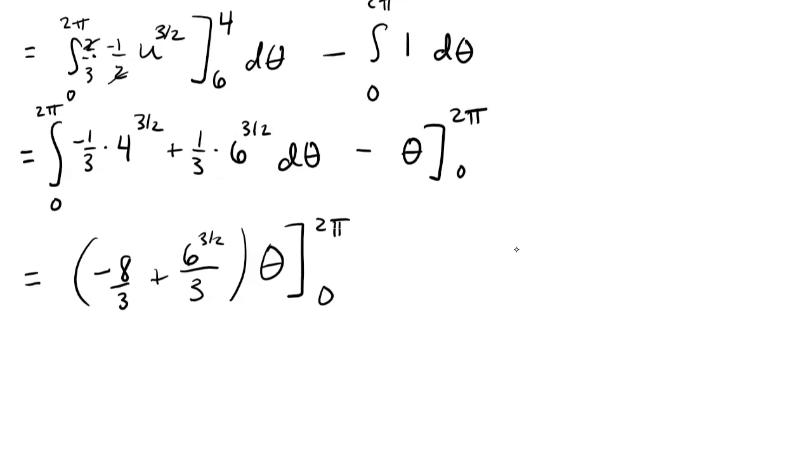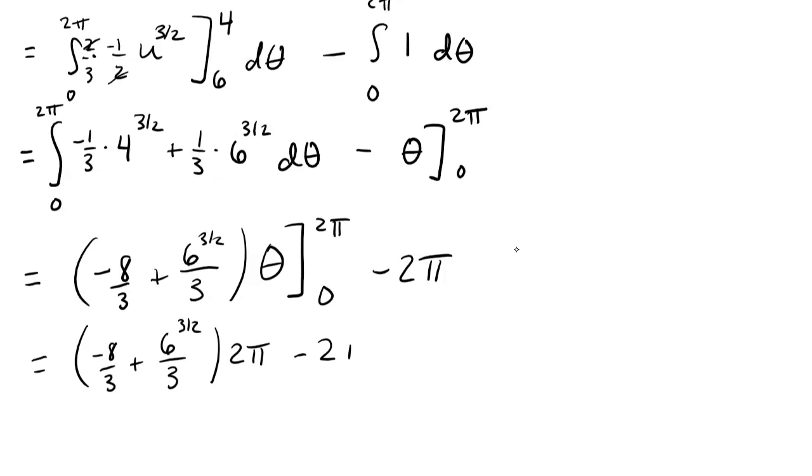Looking at our second part over here where we're evaluating, we've got minus plugging in 2 pi to theta. So we've got minus 2 pi, and then really plugging in 0 just gives 0. And then in the first one as well, now when we evaluate theta, we really just evaluate at 2 pi, plugging in 0 just gives 0. So we have negative 8/3 plus 6 to the 3/2 over 3, all times 2 pi. And then we have minus a 2 pi.